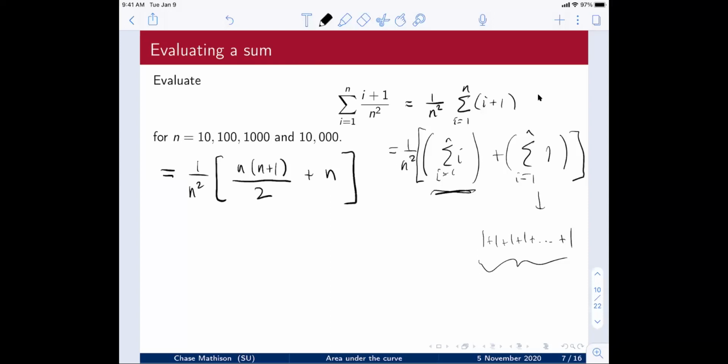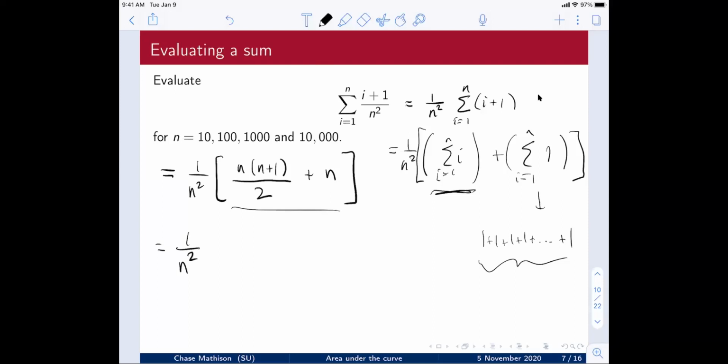So there are a couple of things I can do. I'm going to get a common denominator in here. I'm still not touching the 1 over n squared yet; I'm still simplifying inside the sum.